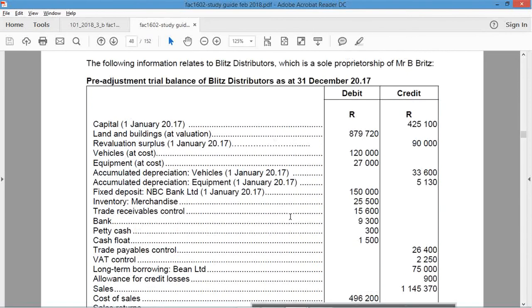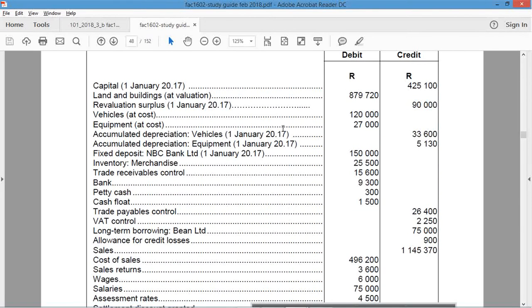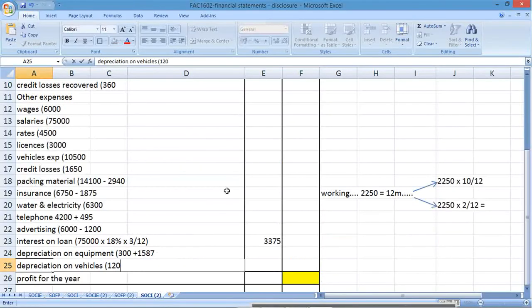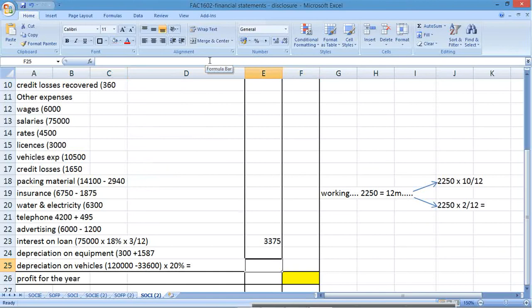So where is my vehicle cost? Let's find it, 120. And what is my accumulated depreciation? Accumulated is 33,600. Okay, so let's show that. So it would be 120 minus 33,600, times 20%. So that is 113,280. Why is it not adding? Oh, brackets. Because of a bracket.